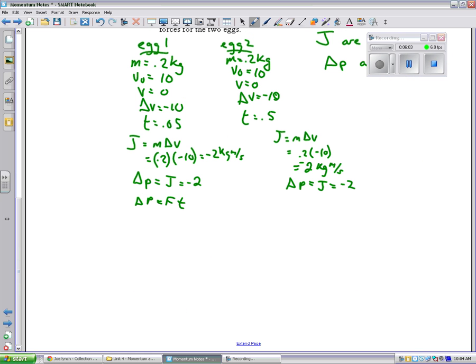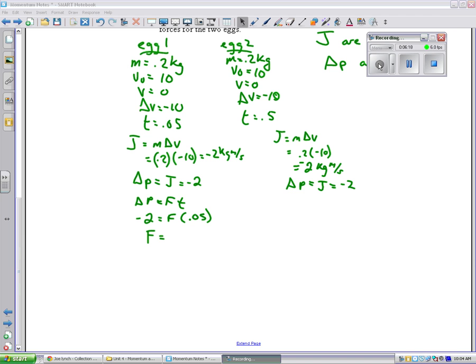So that gives me minus 2 is F for this one times 0.05. So then F is equal to minus 40 newtons.